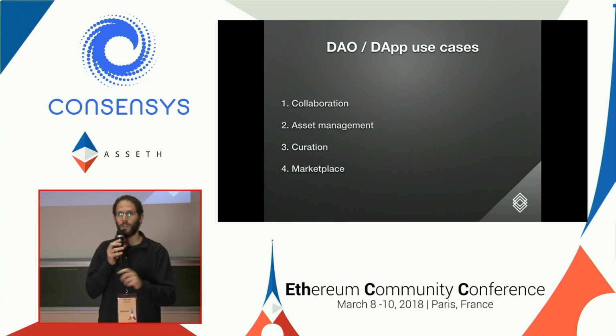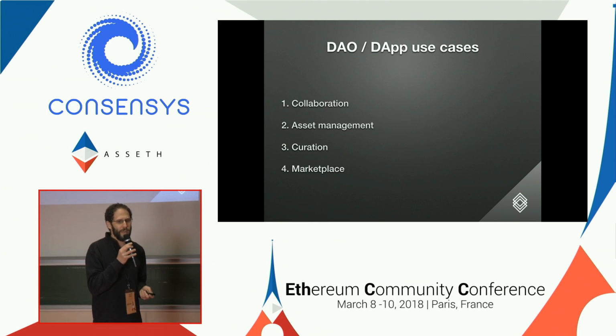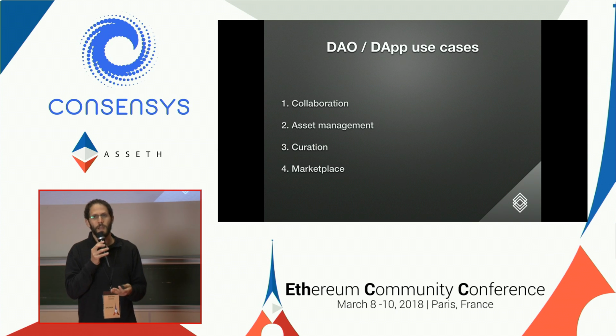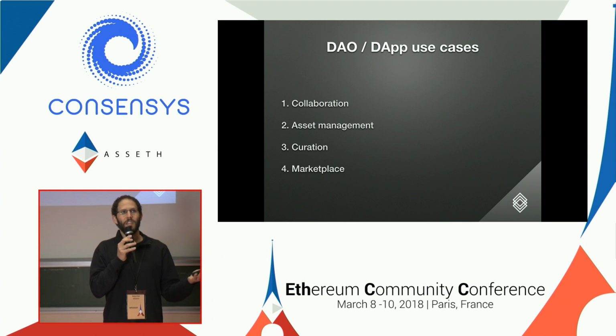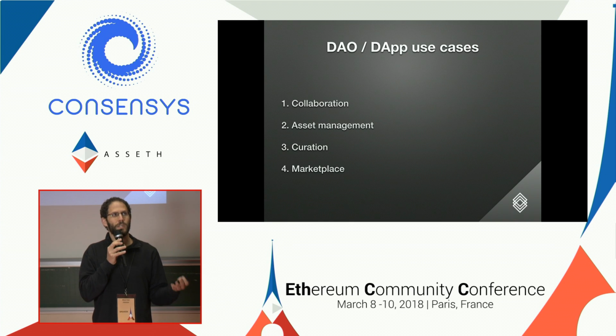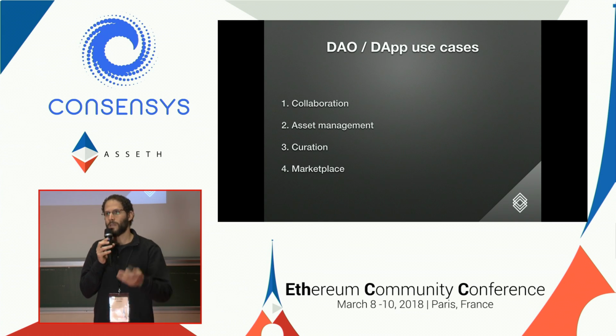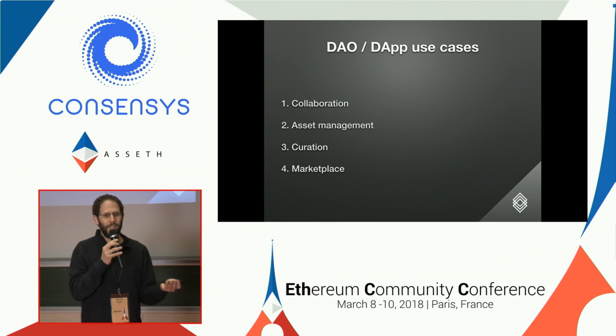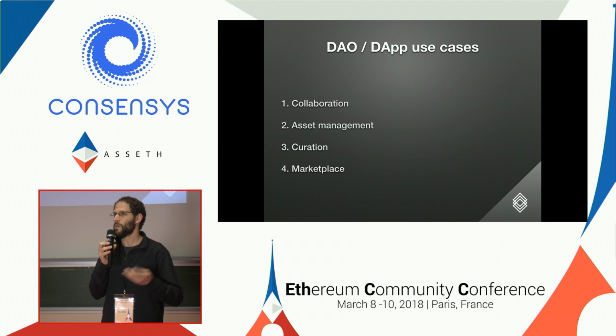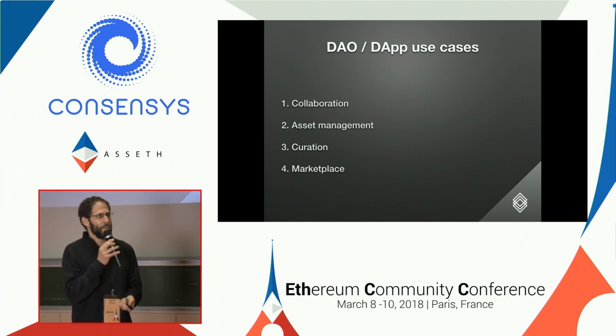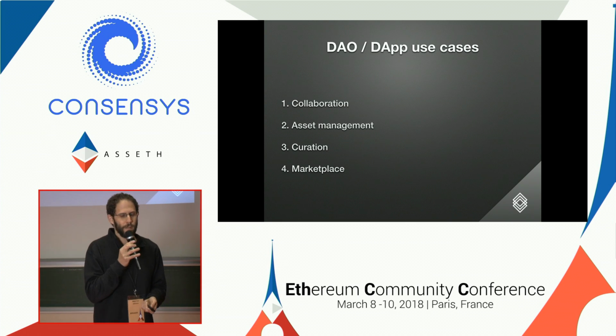So let me give you briefly, I'm pretty sure you're all familiar with that, but briefly some use cases. Basically, any sort of decentralized application or decentralized autonomous organization that I ever witnessed can fall under this categorization. It's either an instance of collaboration, so it can be thousands of open source developers, maybe millions of open source developers cooperating around shared missions, maybe Wikipedia editors, and so on and so forth.